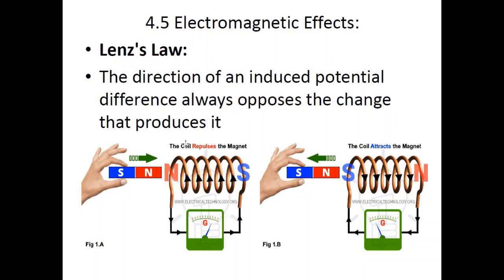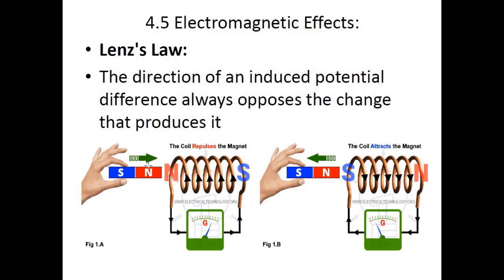Lenz's law states that the direction of an induced potential difference always opposes the change that produces it. It basically means if you try to put the north pole of a bar magnet inside a coil, then this part of the coil would turn into a north pole of its own, and it would repel the magnet.